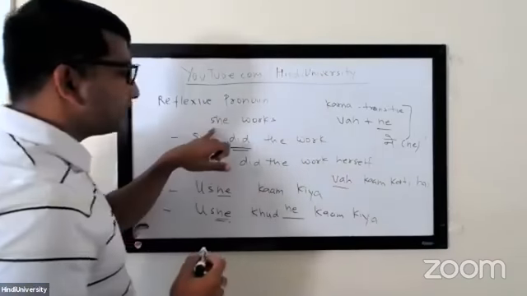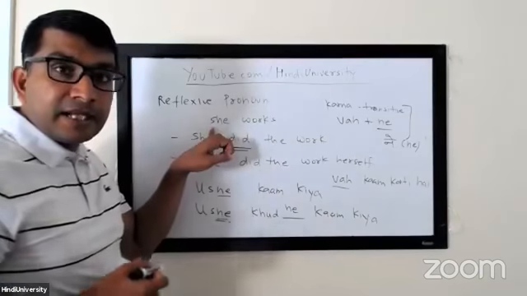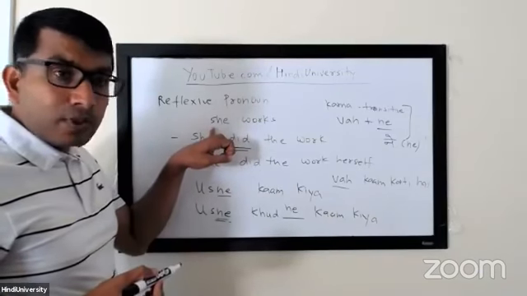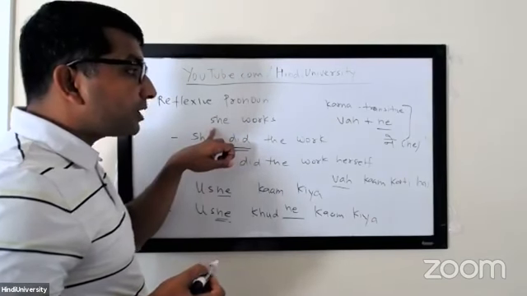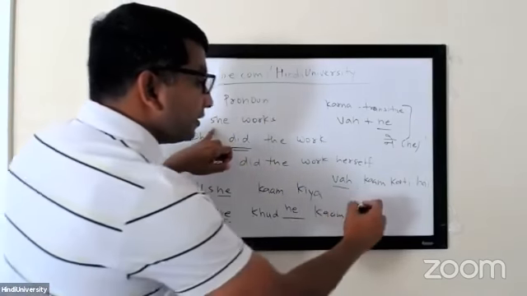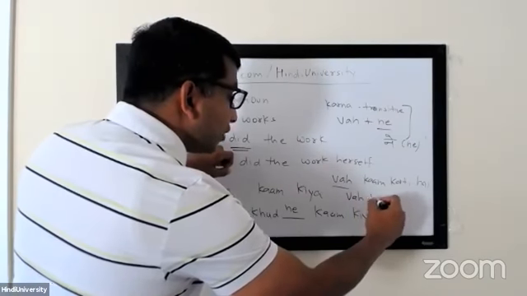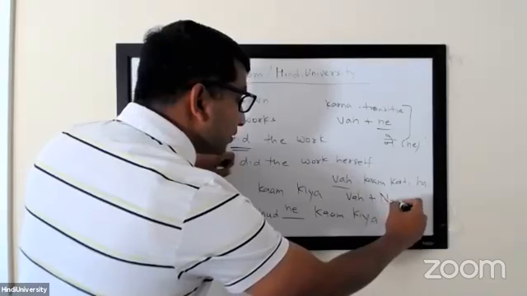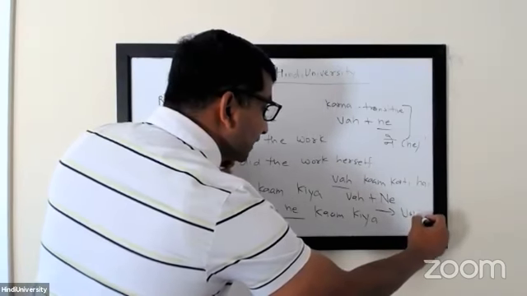Simple, because it's present tense. Same thing if it is said in the past tense, she did the work. Because to work is a transitive verb, said in the past tense, we use ne along with the pronoun. वह ने becomes उसने. Thank you. Hopefully this clarifies it.